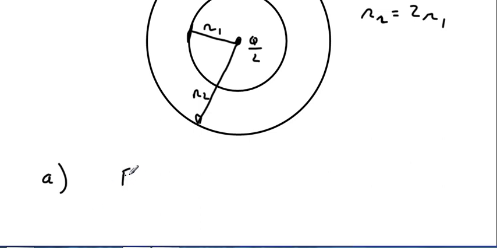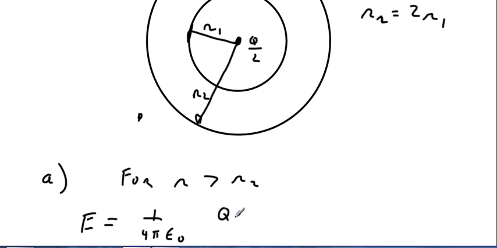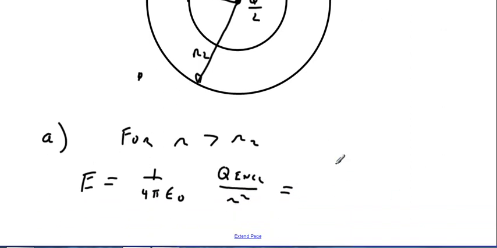So for R greater than R2. Okay, so when I'm out here greater than R2, that's fine. Then the electric field is going to be 1 over 4 pi epsilon naught the Q enclosed divided by R squared, and we've done that many times before too.